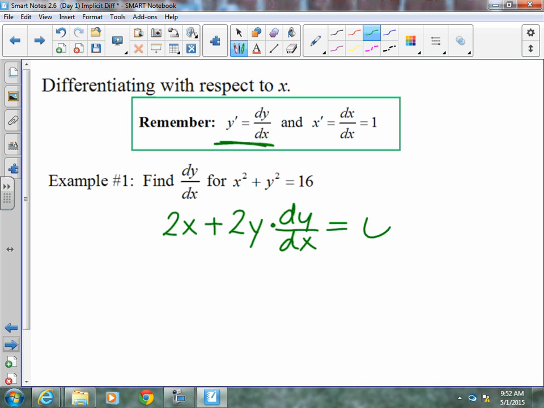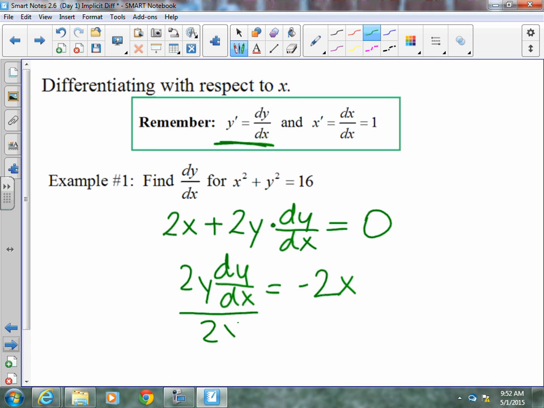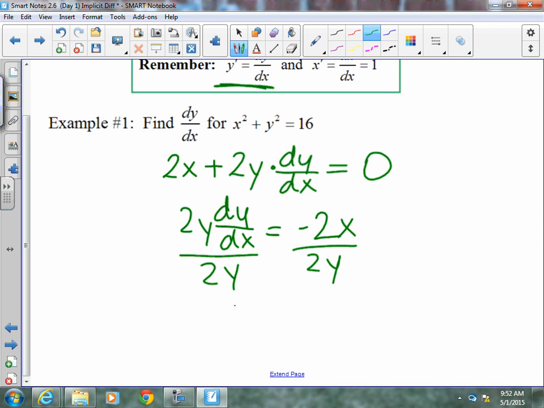And the derivative of 16 is 0. So now we can collect our terms that have the dy/dx on one side, move everything else to the other side, so I moved my 2x to the right, divide by the part that doesn't have the dy/dx, and we find out that dy/dx equals negative x over y when reduced.